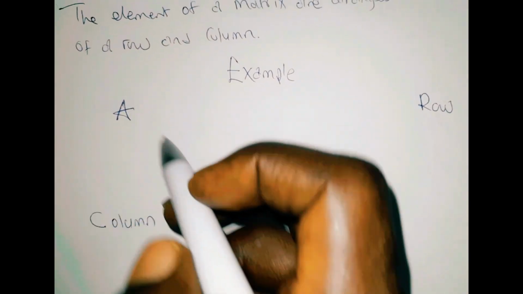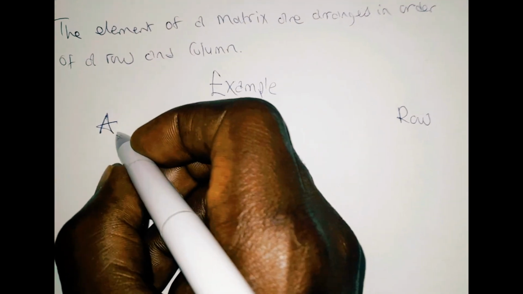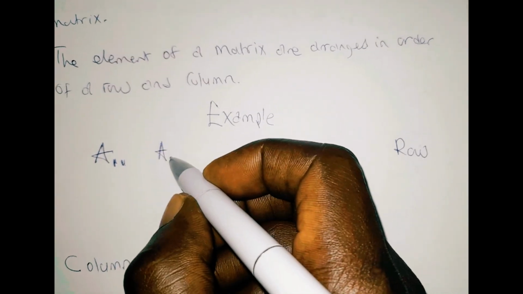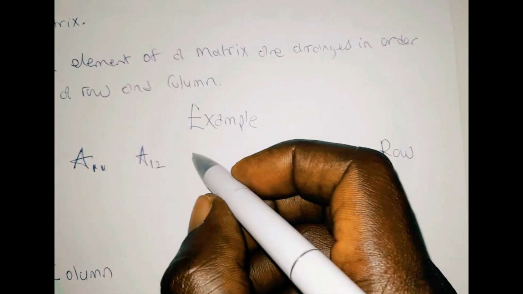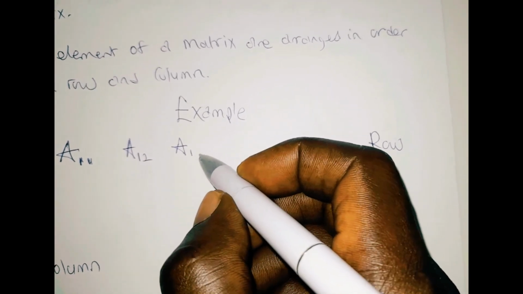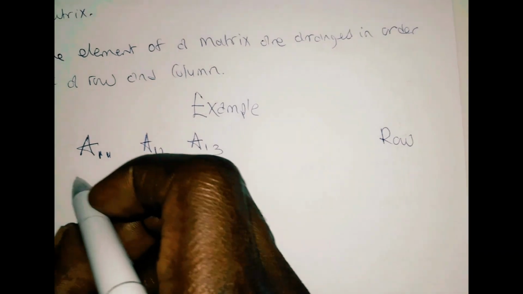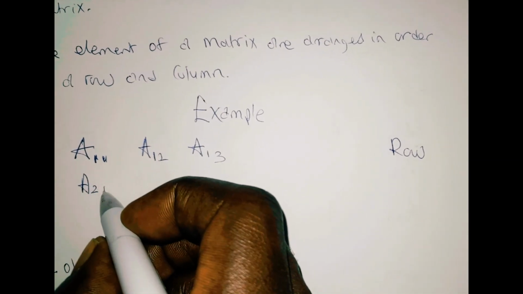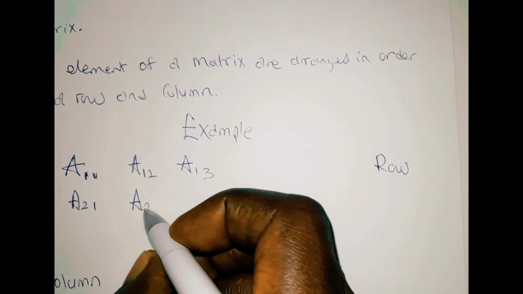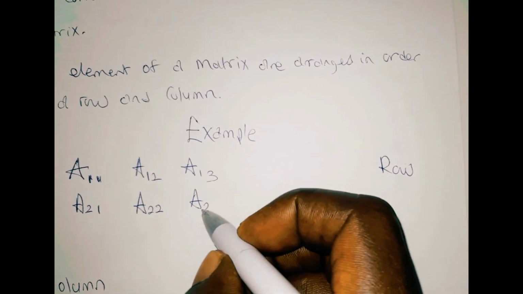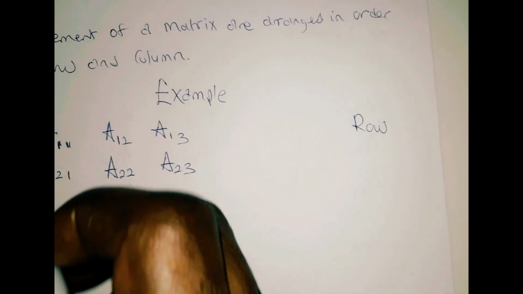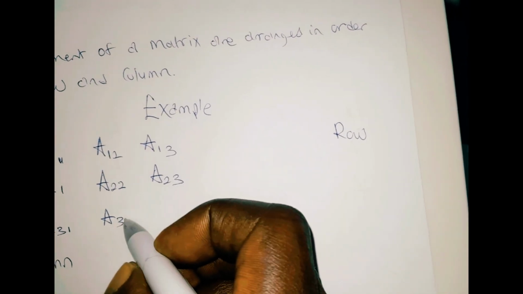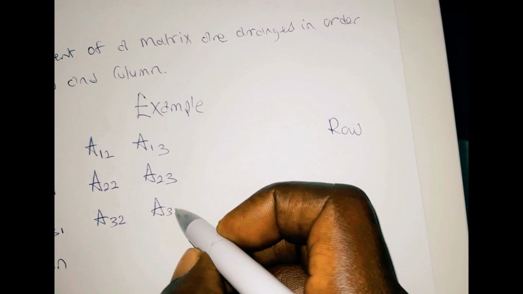I'll denote the elements with the alphabet A. Row 1, column 1, row 1, column 2, row 1, column 3. I move to the next row, row 2, column 1, row 2, column 2, row 2, column 3. I move to the next row, row 3, column 1, row 3, column 2, row 3, column 3.